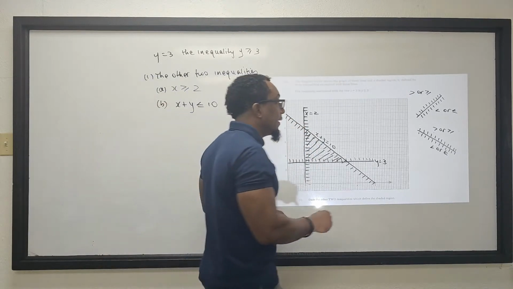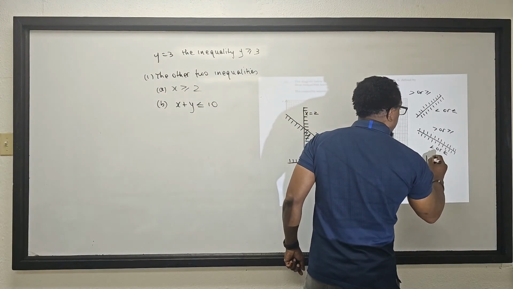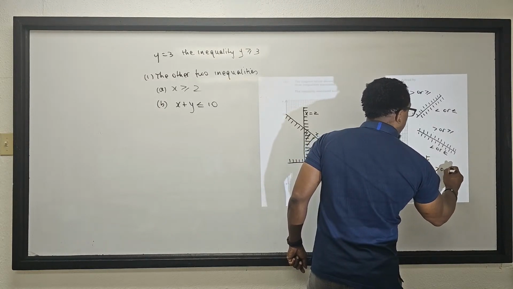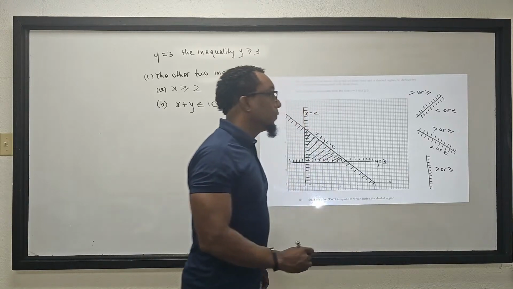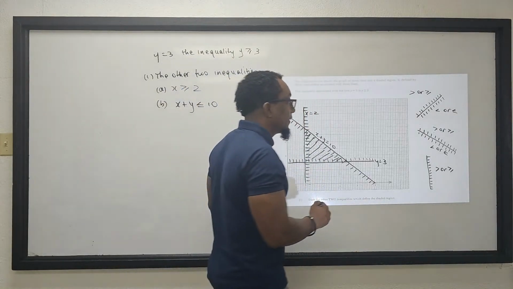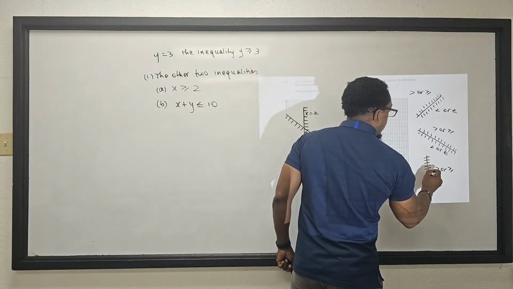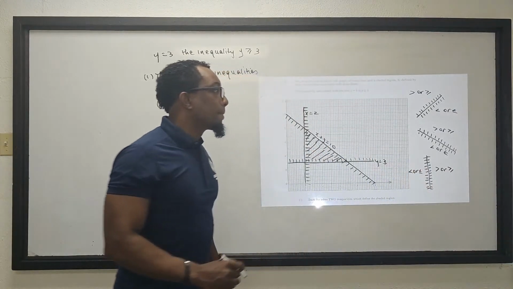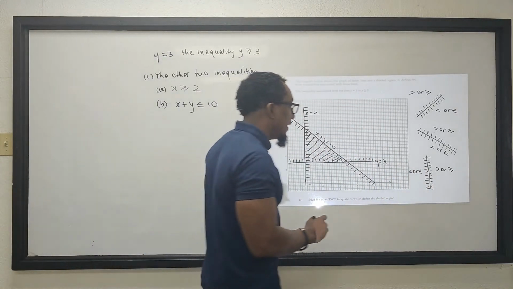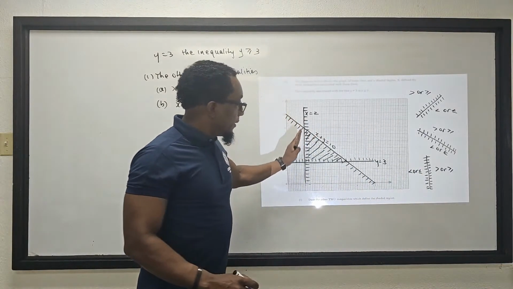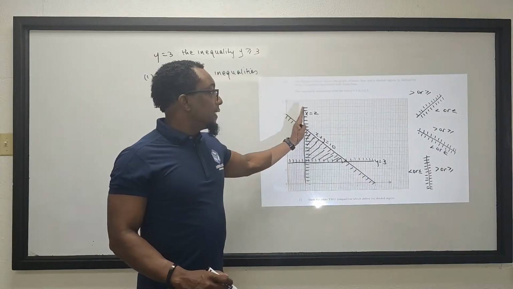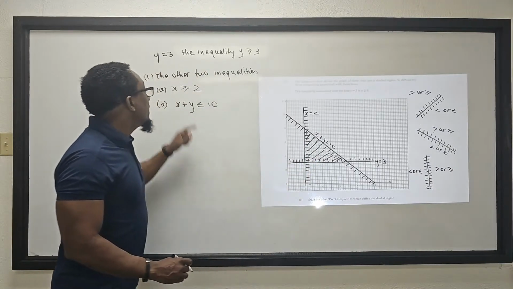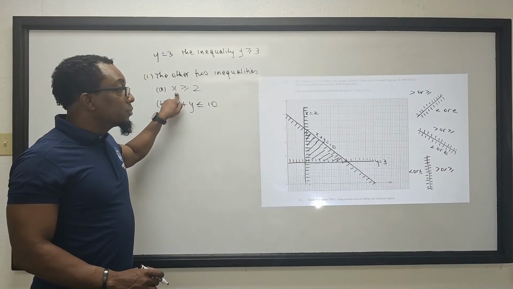If we have a vertical line, shading to the right will be greater than or equal to, and if it's to the left, it's less than or equal to. As you see here, this is your vertical line, we've shaded to the right of that line, so hence the reason we have x is greater than or equal to 2.